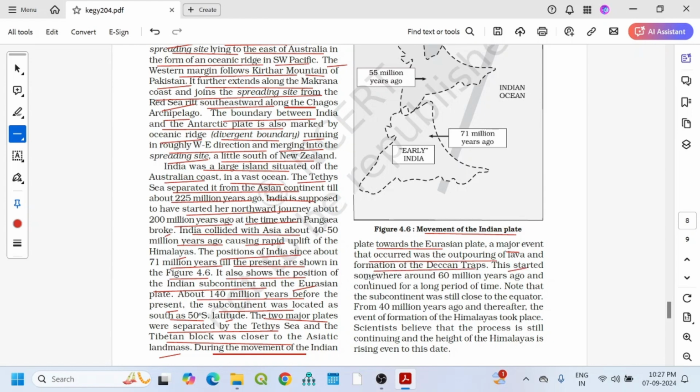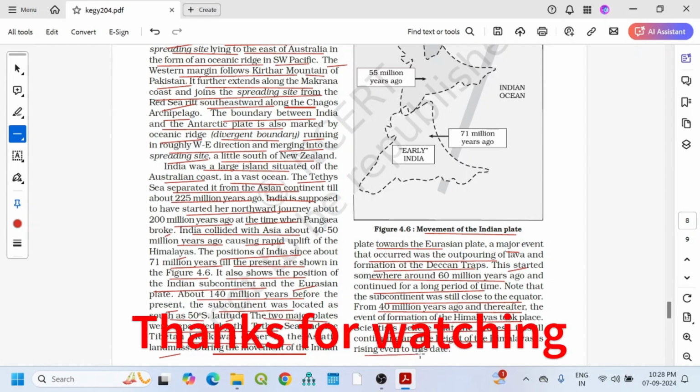This started somewhere around 60 million years ago and continued for a long period of time. The subcontinent was still close to the equator from 40 million years ago, and therefore the formation of the Himalayas took place. Scientists believe that the process is still continuing and the height of the Himalayas is rising even to this date.